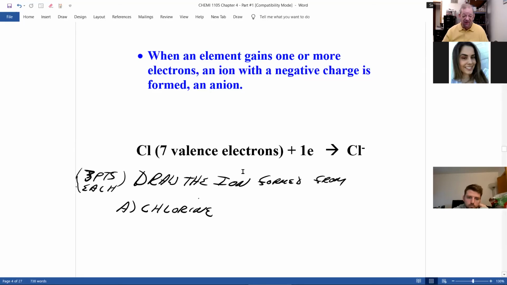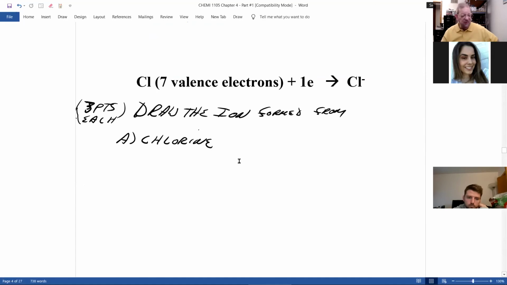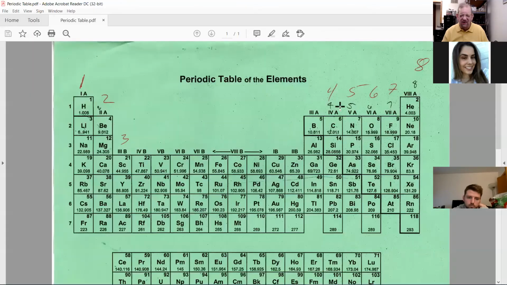Chlorine. Well, how do you do that? Guess what? You use the same procedure I just showed you. First of all, you have to find out how many electrons and protons chlorine has. Well, if you go to your local periodic table, there's one on your screen right now. You look at the atomic number. This is not dealing with valence numbers.